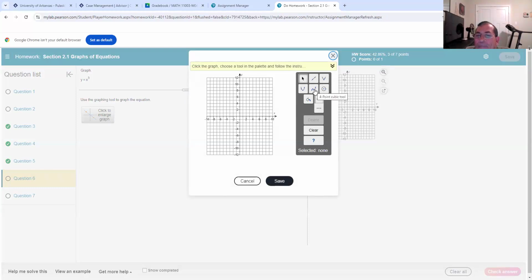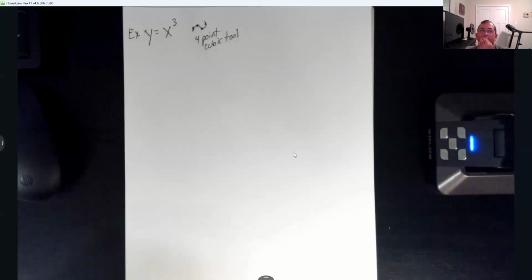Look at that. 4-point cubic tool. Y'all realize that means I need 4 points for this one, okay? So 4-point cubic tool. So let's go knock it out by hand to get our numbers.